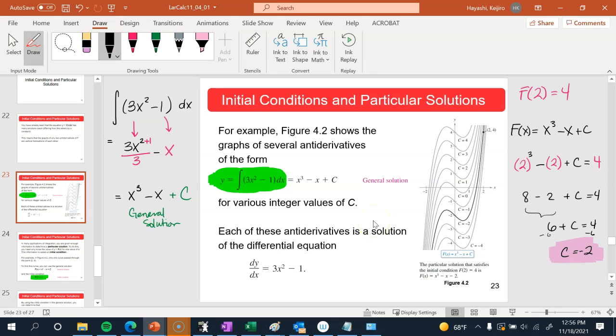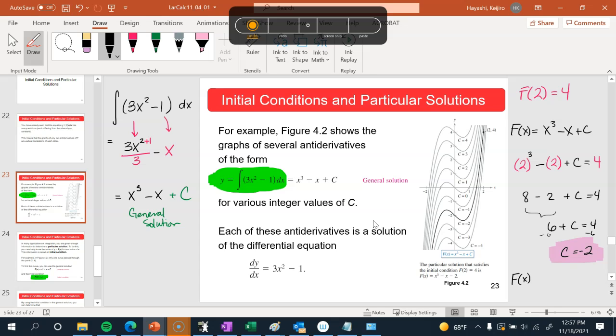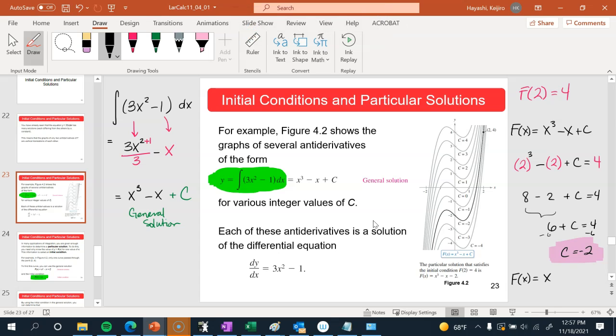And so after you find out what value of c satisfies this initial condition, you make that your c. So the particular solution that satisfies that initial condition up there is x cubed minus x minus 2. This is a particular solution. Right? Particular meaning specific.